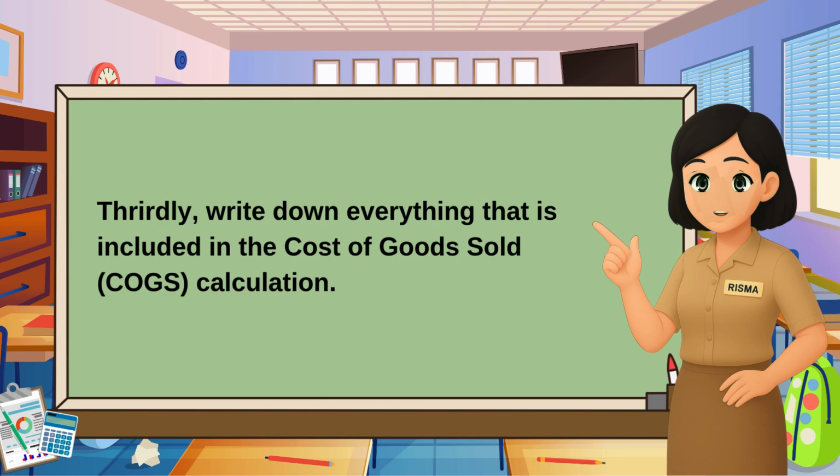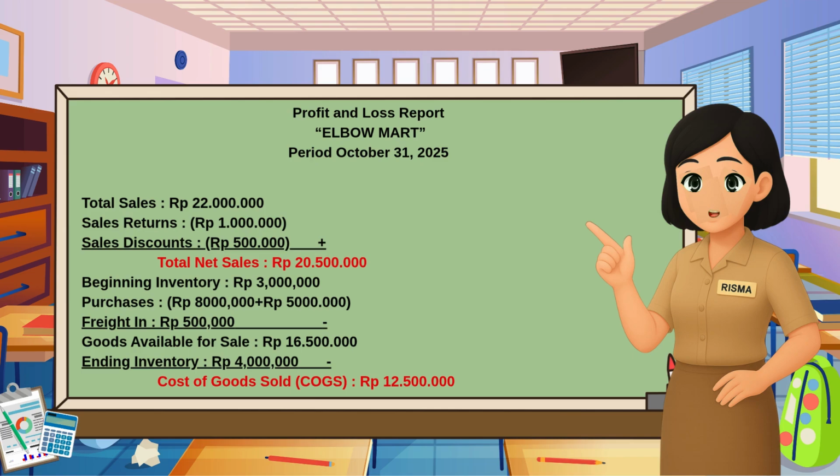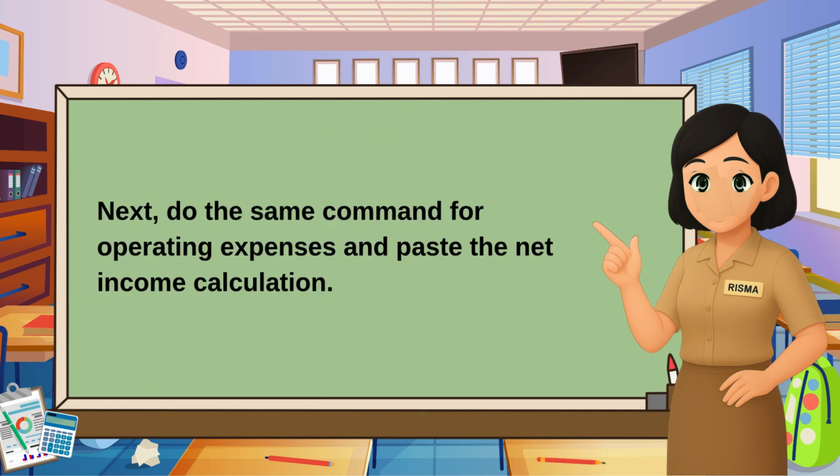Thirdly, write down everything that is included in the cost of goods sold calculation. Next, write beginning inventory, plus purchases, plus freight-in, the result is cost of goods available for sale, minus ending inventory, the result is cost of goods sold.